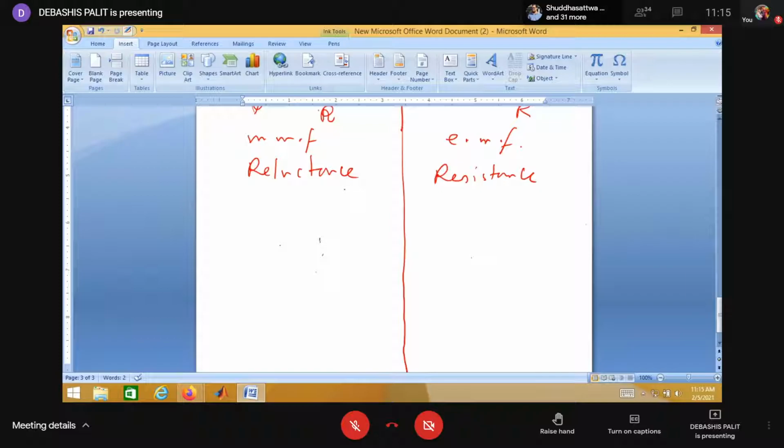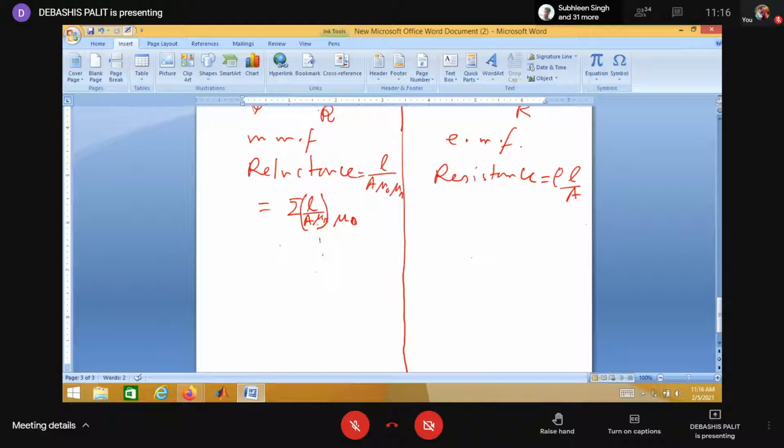I have already defined reluctance, that is L by A mu 0 mu r, and here resistance is equal to rho into L by A. Since the flux is flowing through different media, some air medium is there, rather it is specified as a reluctance as a sum of L by A mu 0 mu r for the different media.